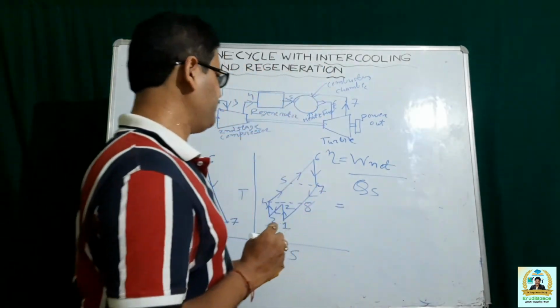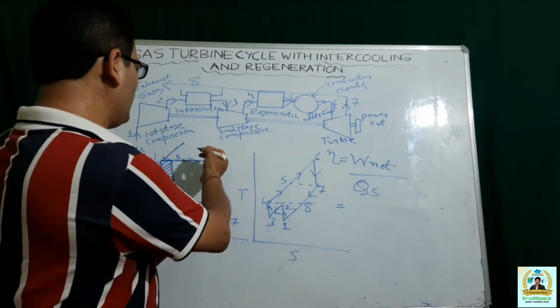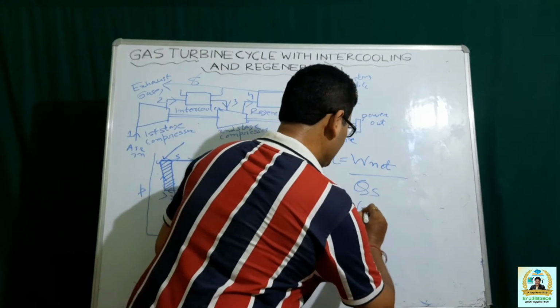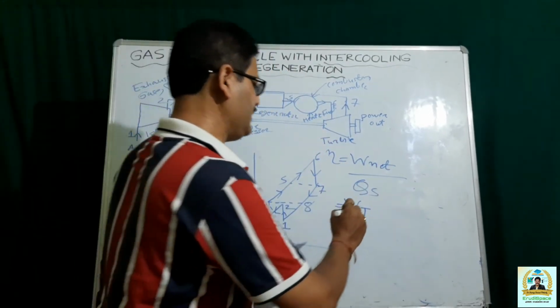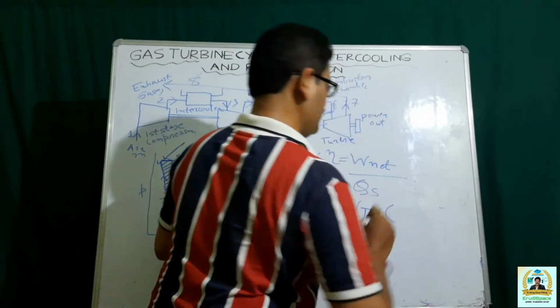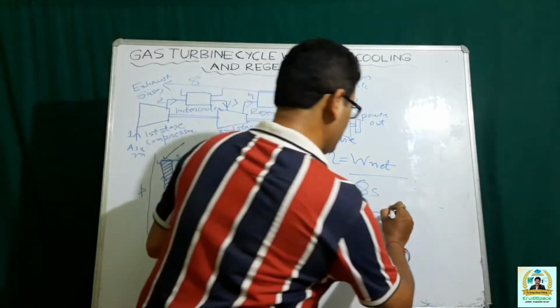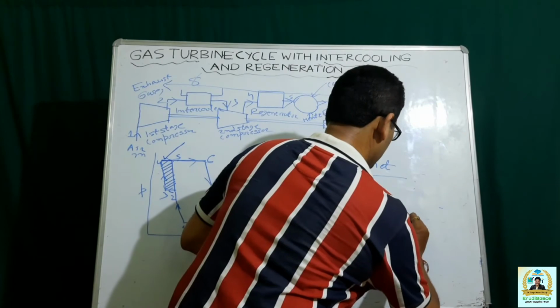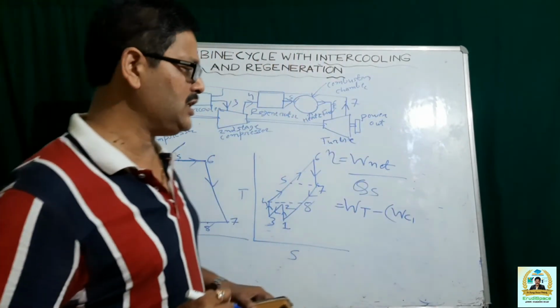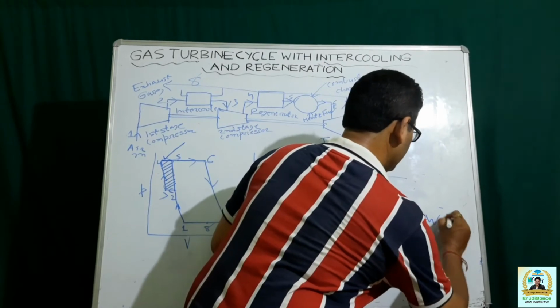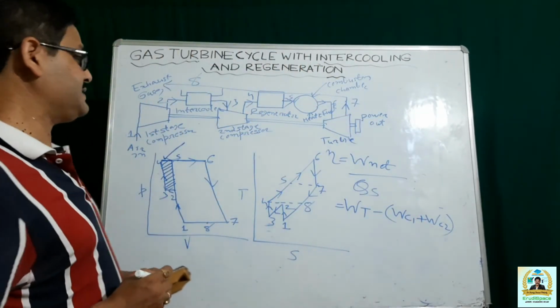Here we have the work obtained in the turbine, and then you have the work that is consumed in both the stages of compression. First stage, you may represent it as WC1 plus WC2, which represents the second stage.